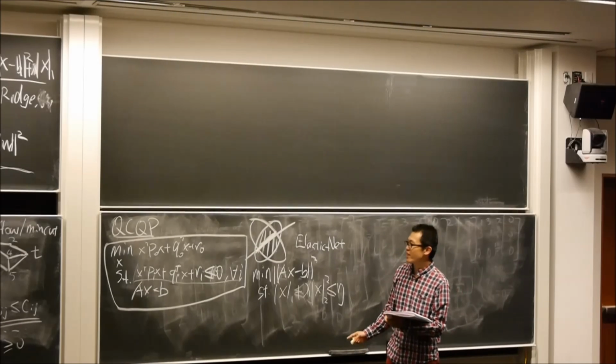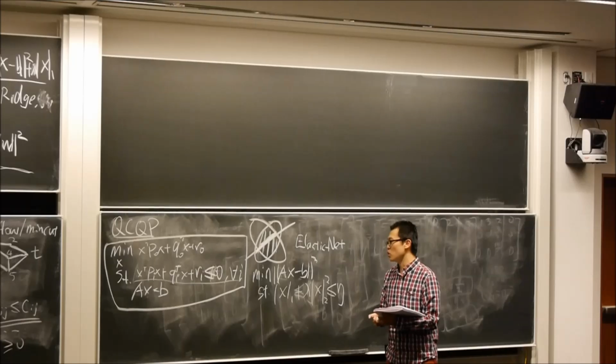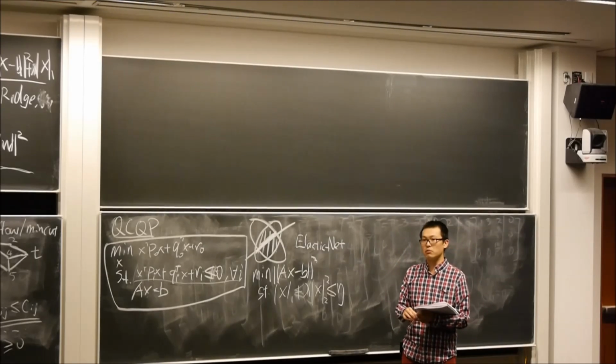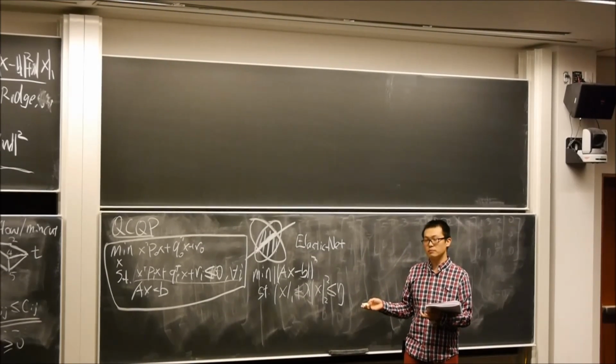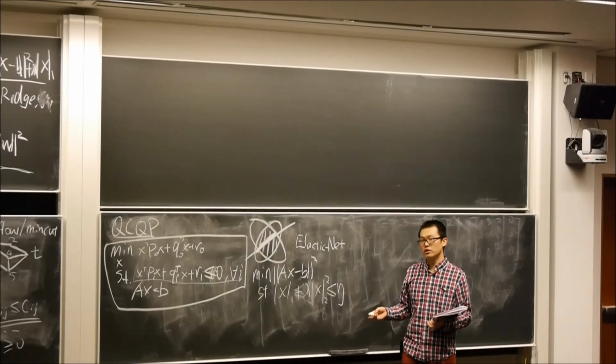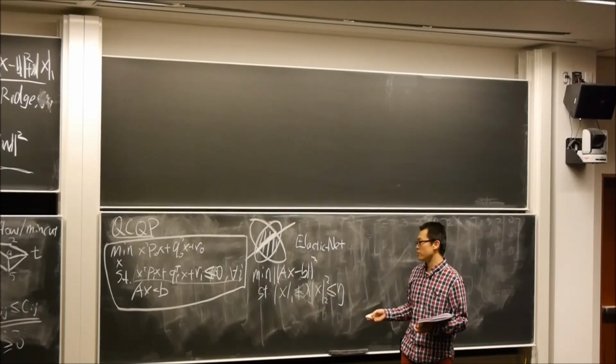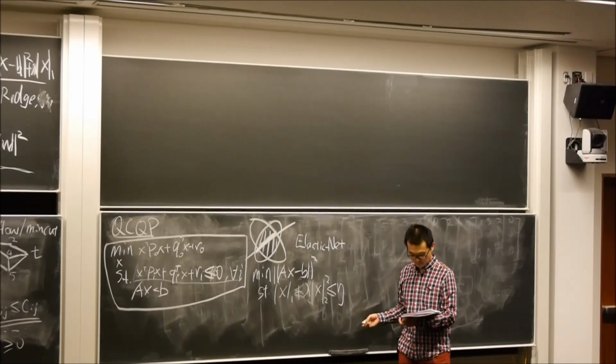So there's nothing fancy about this QCQP and QP. As long as you can formulate the problem into this form, there are existing tools that you can download that help you solve them in almost no time, as long as your problem is not very ill-posed.